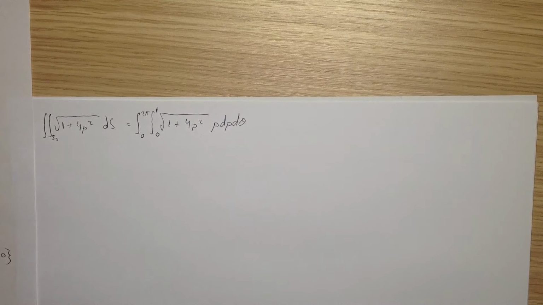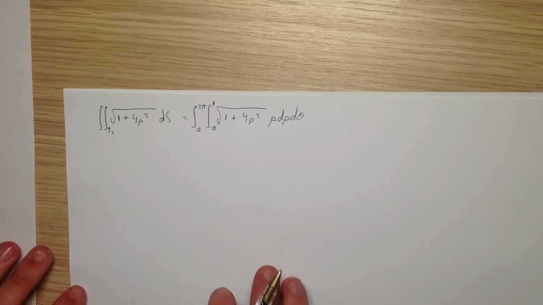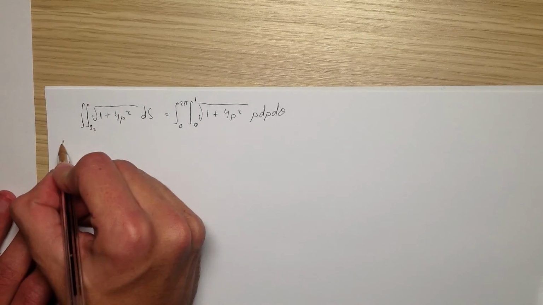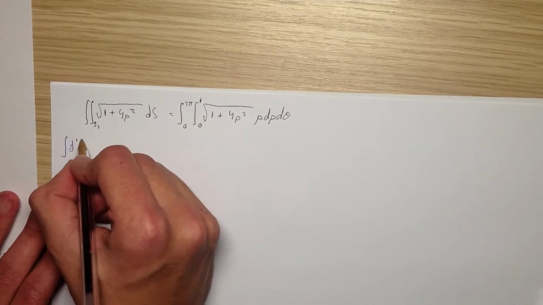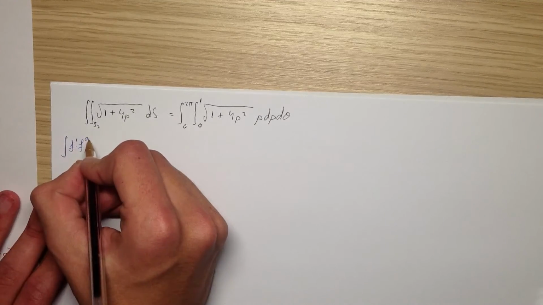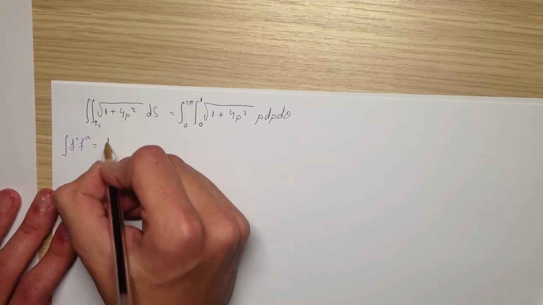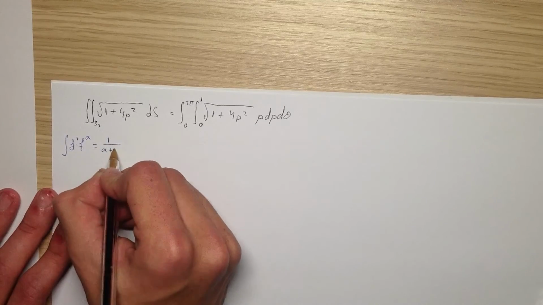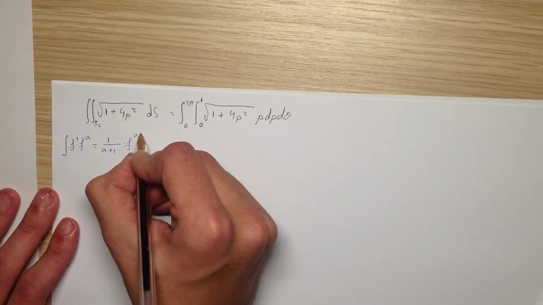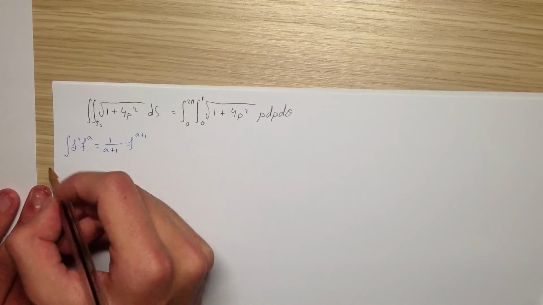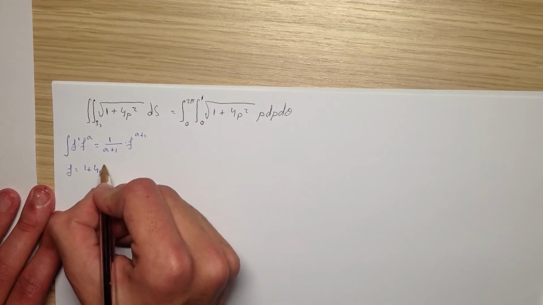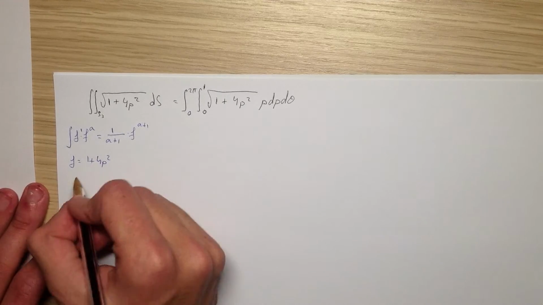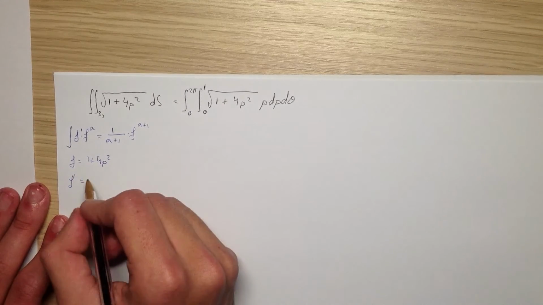So now, how do we integrate this? Well, we know that the integration of f prime, which is the derivative of f, times f to the power of a, equals 1 over a plus 1 times f to the power of a plus 1. In our case, f is 1 plus 4 rho squared, so the derivative of this, f prime, is 8 rho.